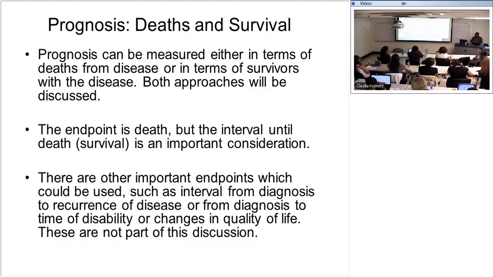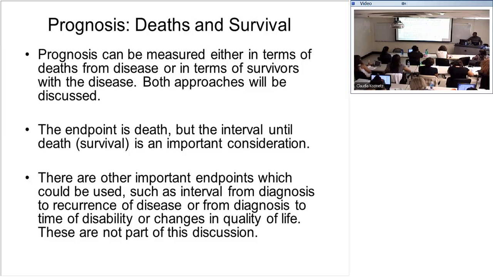There are other important endpoints which we use, such as the interval from diagnosis to recurrence of the disease. In some diseases that relapse, like some mental illnesses, we can use survival as the time to recurrence of the disease or to relapse. And then we can use the time of disability.